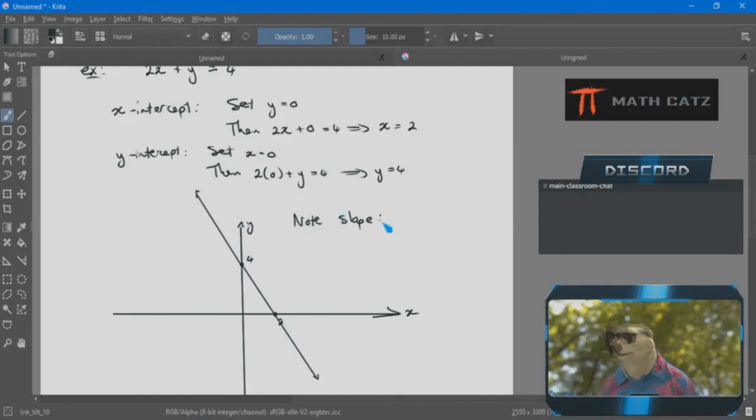We're going to define the slope as the change that I have to make in the y value, in this case 1, 2, 3, 4, for example. And to get back to the line, I would have to make a change of 2 in the x direction. So the slope is a ratio 4 to 2.